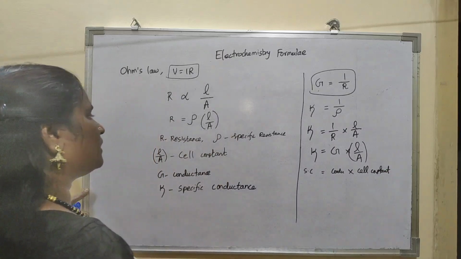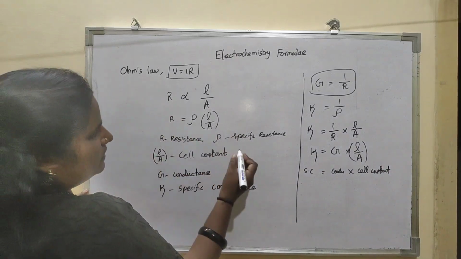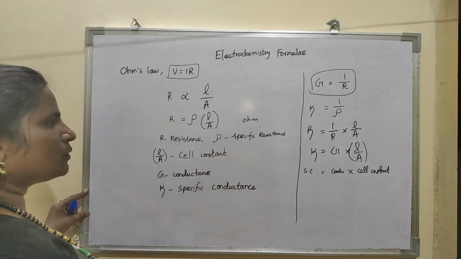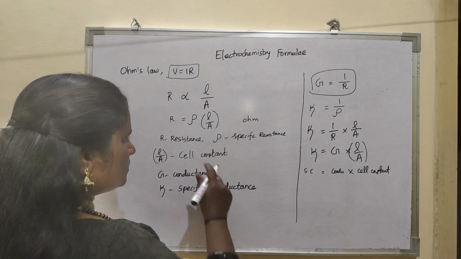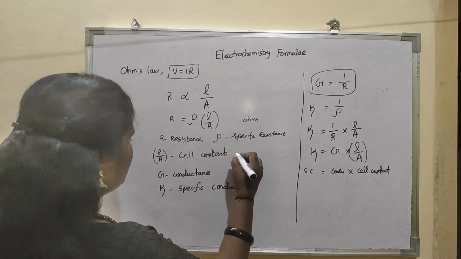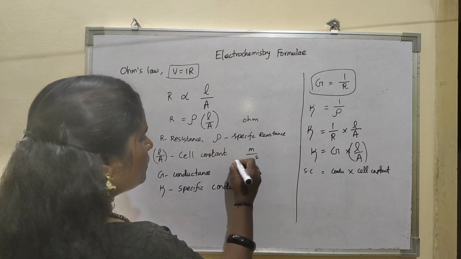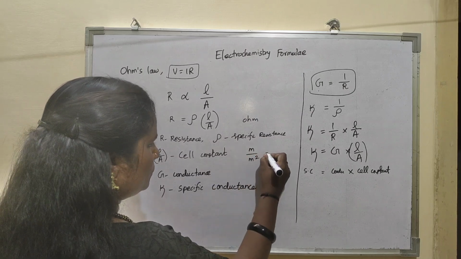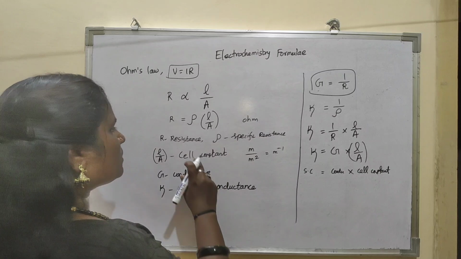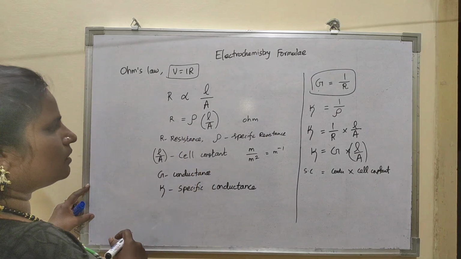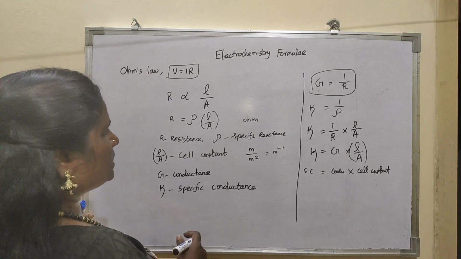So let us know the units. R always has the unit of ohm. So the whole equation has the unit of ohm, which means for L by A, length is in meter and area is in meter square, so the overall L by A has the unit of meter inverse. So the specific resistance has the unit of ohm meter.